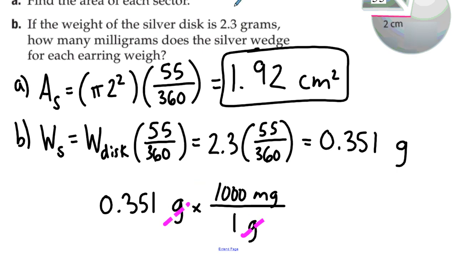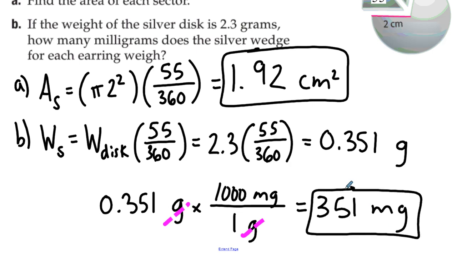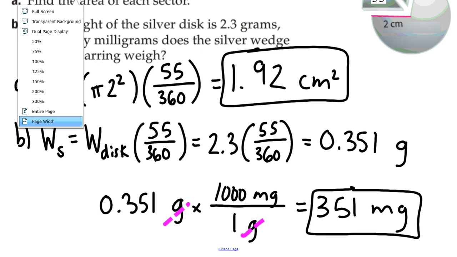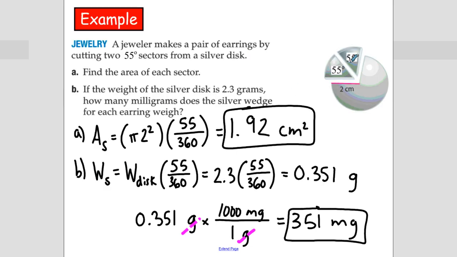When I multiply by 1,000, I'll end up with 351 milligrams as how much each of the earrings weighs. If you take a chemistry class, you'll do a lot of conversions like that. So this kind of formula works not just for areas, it works for weights as well, because it's just a proportion. What part of the entire circle are you?